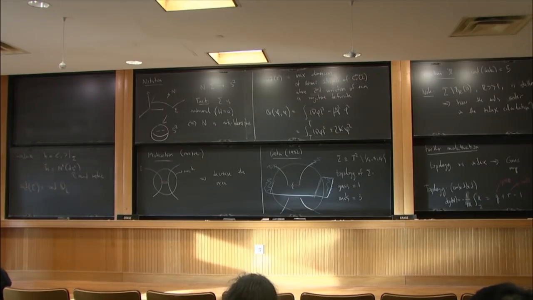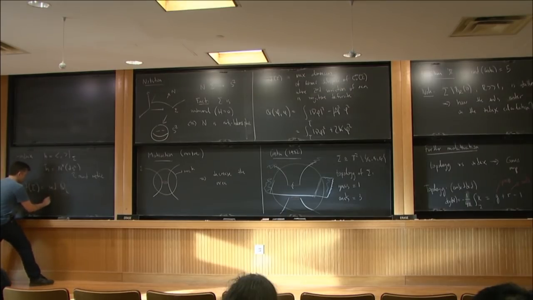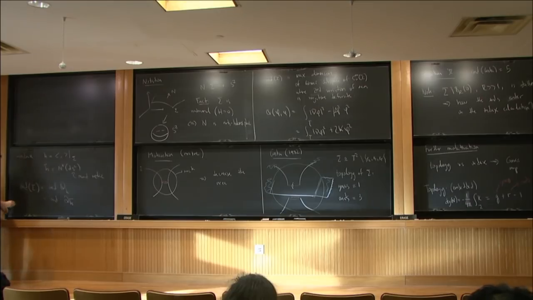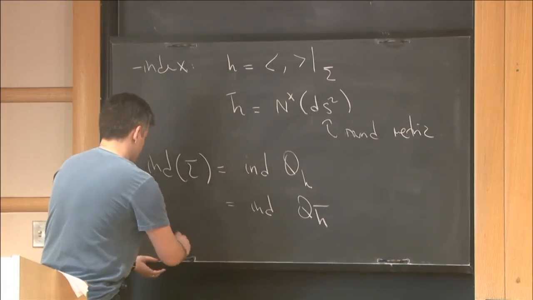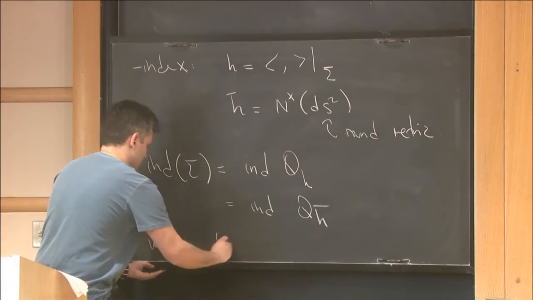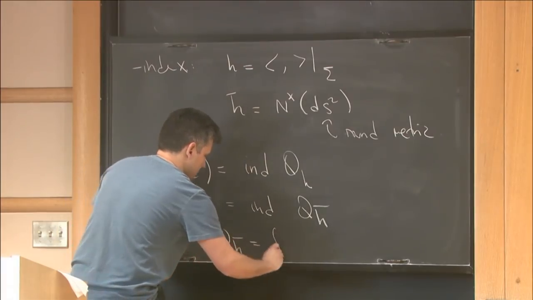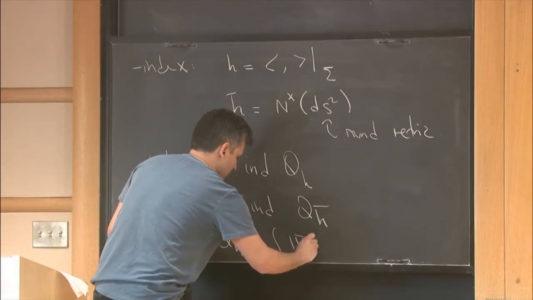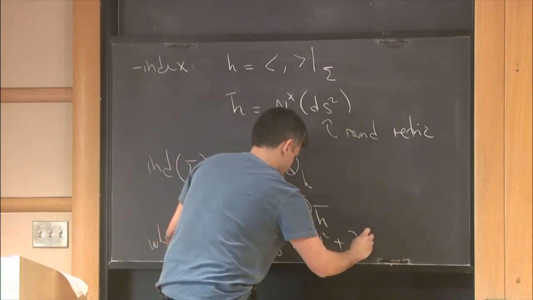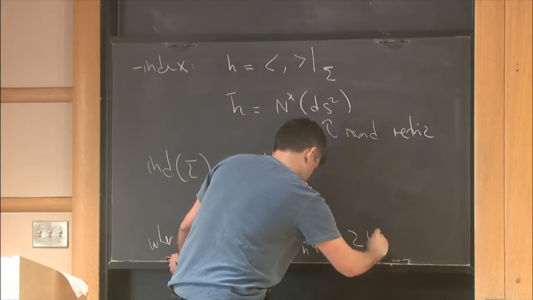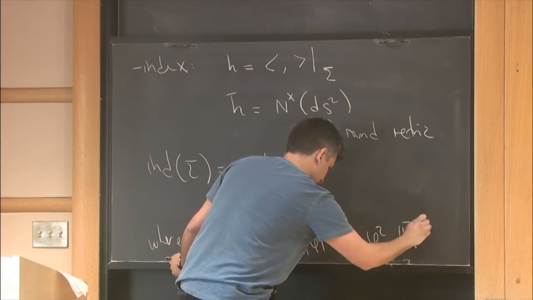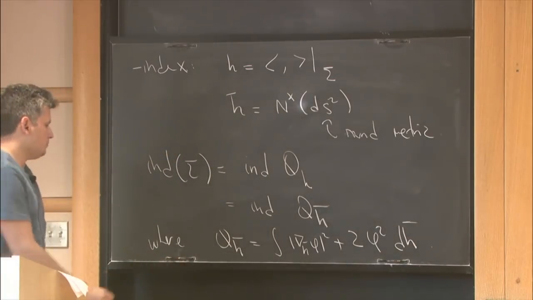But because of conformality, this is something special about dimension 2, the index of this form will turn out also to be equal to the index of Q of h bar, where Q of h bar is this form with the gradient.